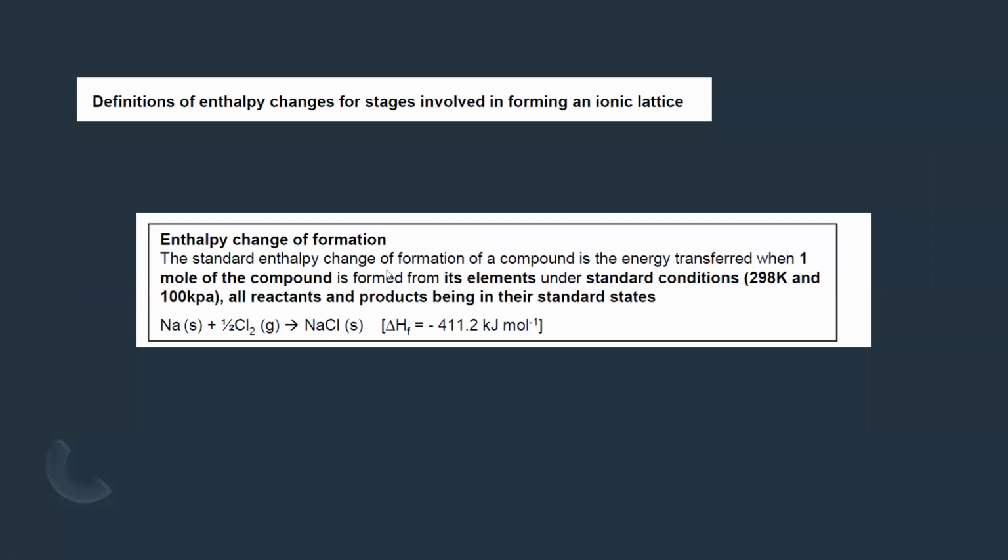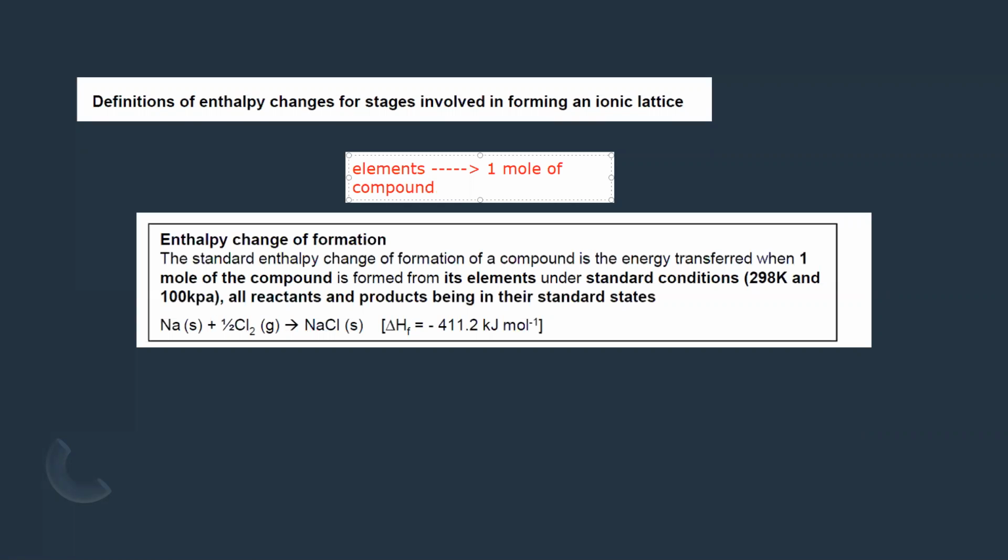Then there are certain definitions which are related to this ionic lattice. What is enthalpy of formation? What's the meaning of enthalpy of formation? When elements result in the formation of 1 mole of a compound at standard conditions.